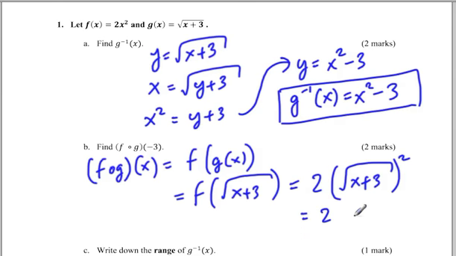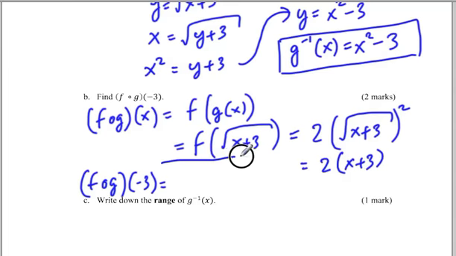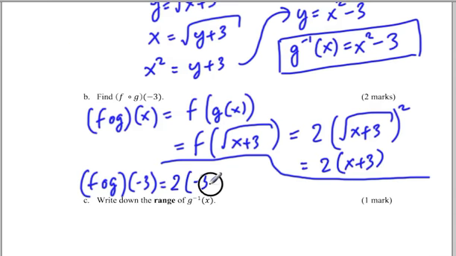This becomes 2 times x plus 3. So that's what f of g of x is, but we want f of g of negative 3. That is equal to 2 times negative 3 plus 3, which is 2 times 0, which is equal to 0. So 0 is the answer for B.